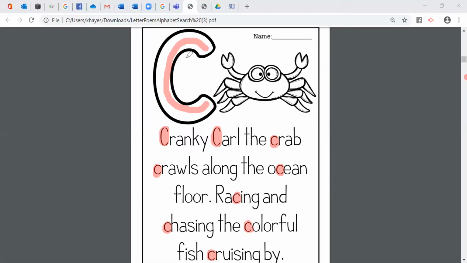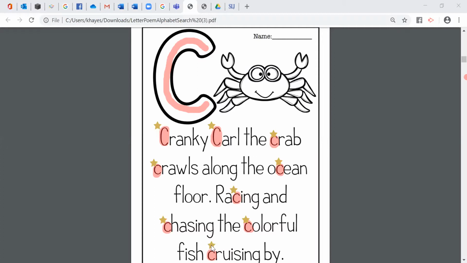So let me go find our stamp. And let's count together to see how many C's did we find. 1, 2, 3, 4, 5, 6, 7, 8, 9. Go ahead and take a look at our poem.